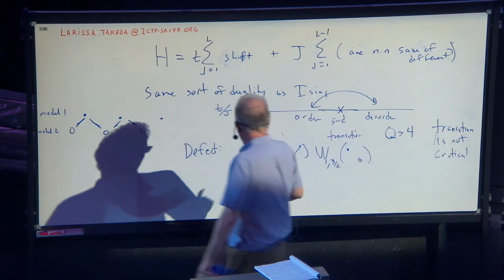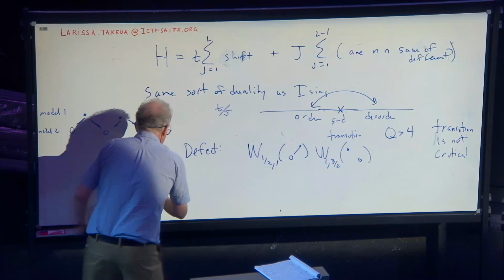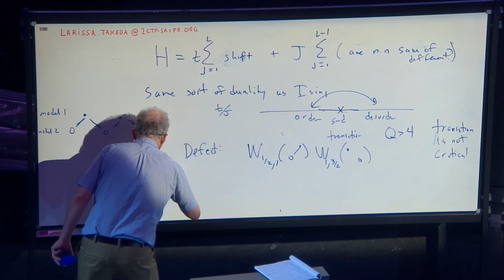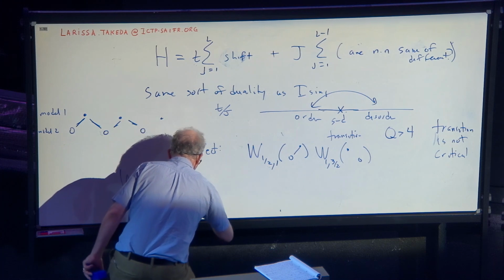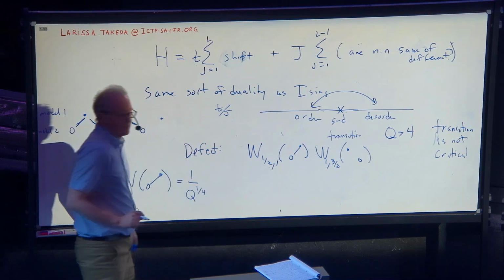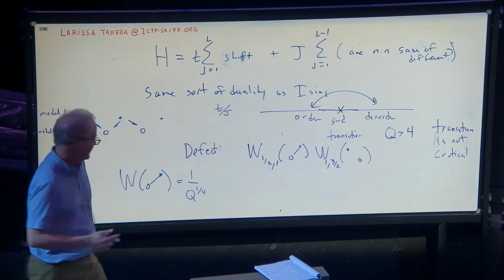But then in this case, what you find is the weight is 1 over, remember we had this 1/4 thing, so it's Q to the 1/4 instead of 2 to the 1/4.